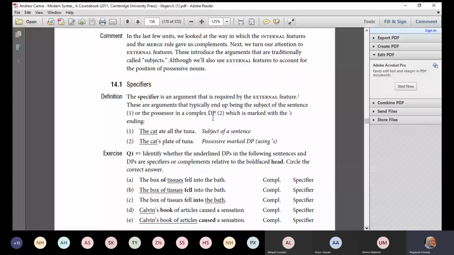So the specifier is the subject, the cat. Or the cat's plate of tuna. So you have the apostrophe S, which is the possessor, possession. Then the cat's plate of tuna, the cat's. So the cat in the cat's is the specifier.